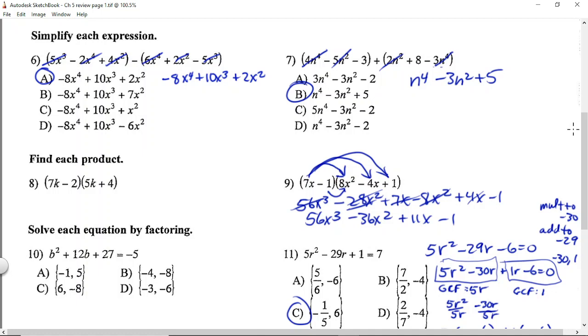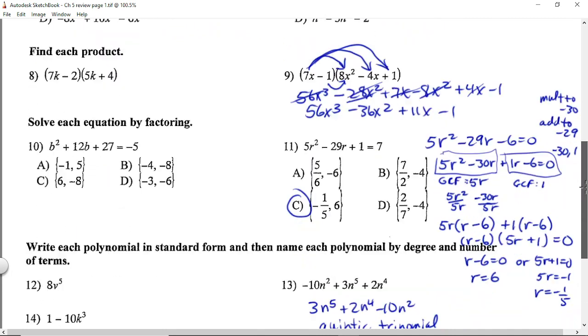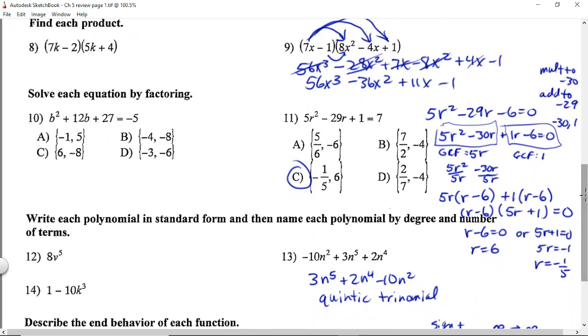7 we had already done. 8 is find the product. So this is just, we FOIL this, which is just applying the distributive property twice.